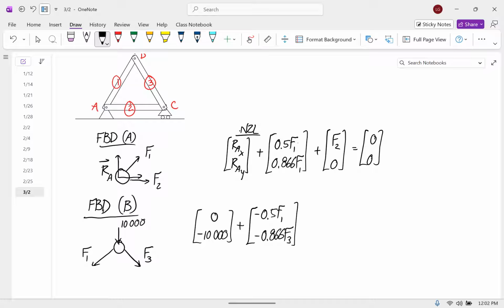These are all just cosines and sines of the angles for getting these force vectors right. Plus 0.5 F3, negative 0.866 F3.